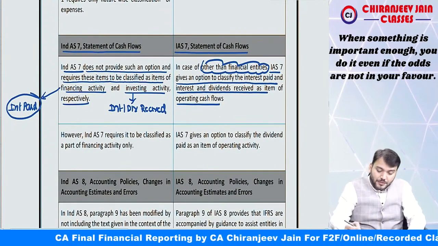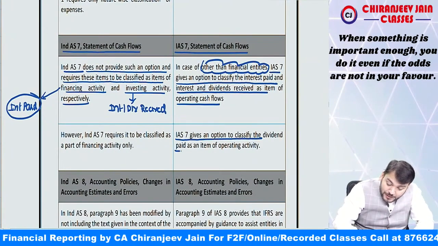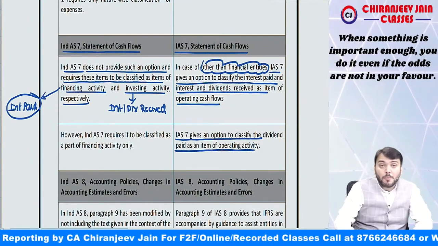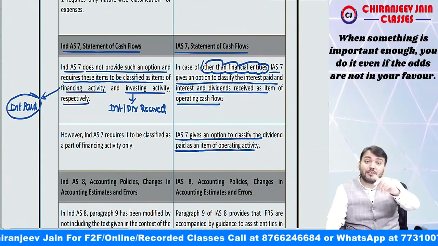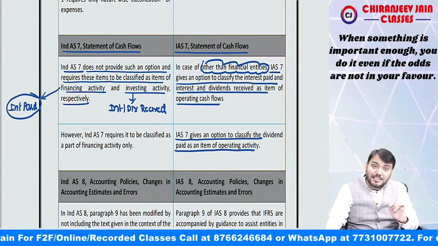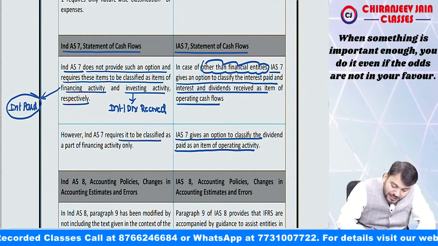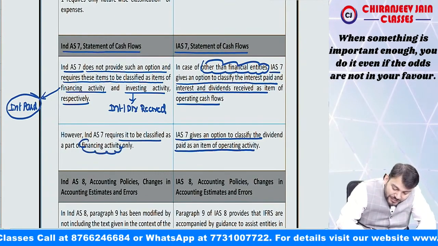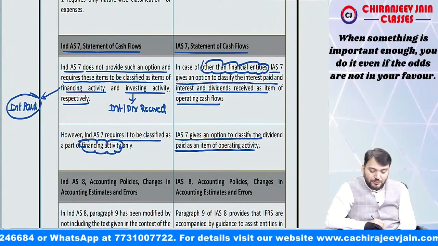Then IAS 7 gives an option to classify dividend paid as an item of operating activity. Dividend paid can also be classified as operating activities. But under Ind AS 7, it will always be classified as part of financing activity. Understood? I hope you have understood this point.